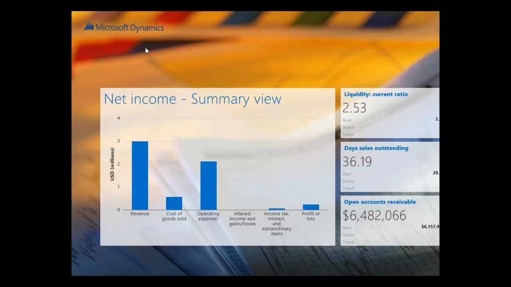So the question from the web, from Doug: how do we get into Business Analyzer? Business Analyzer, just like everything I have shown you so far today, is part of your GP licensing. When GP is installed, there are checkboxes, for lack of a better word, that enable certain features of GP.